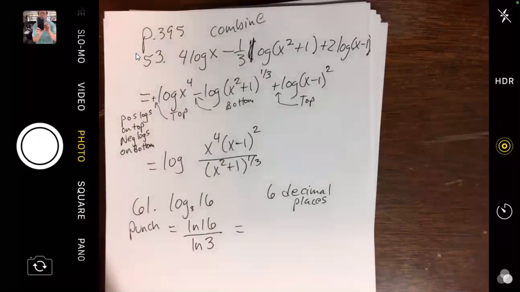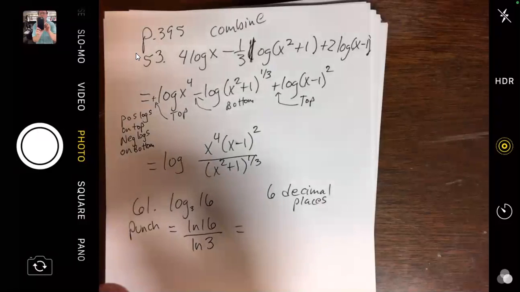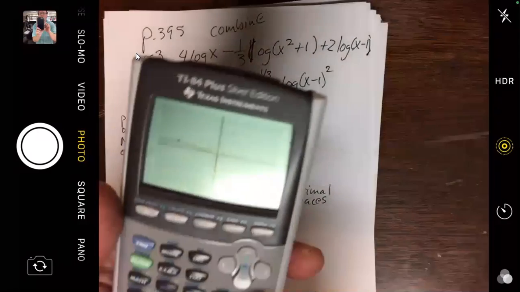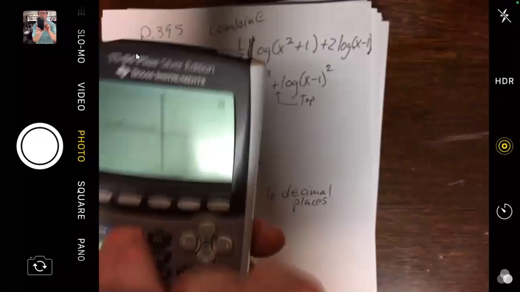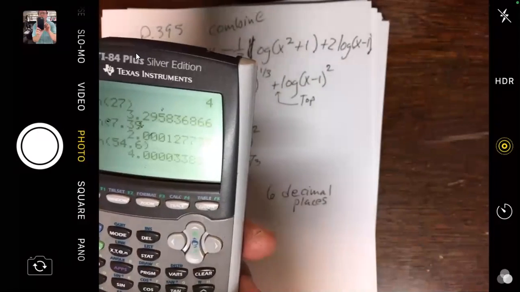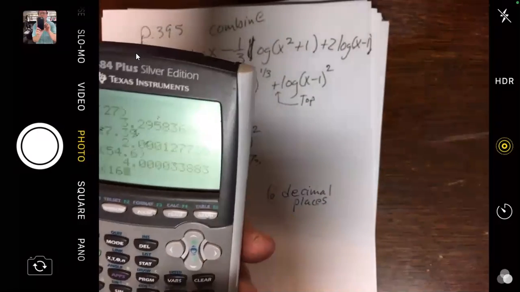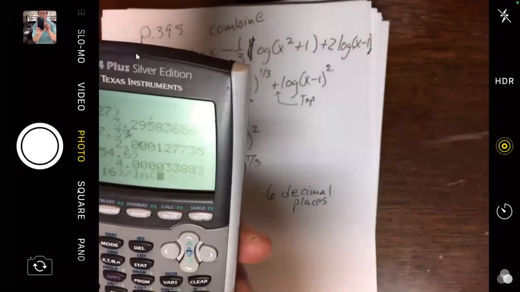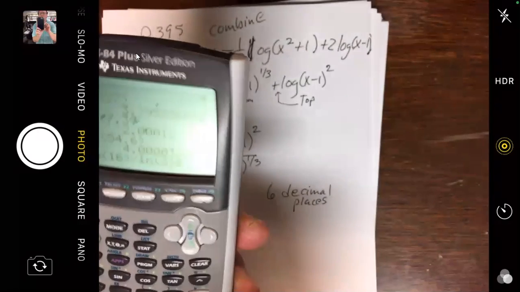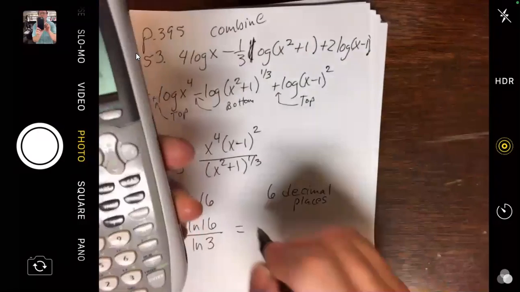See if we can write it down to 6 places. ln 16, and we're going to divide it by ln of 3. 2.5237.